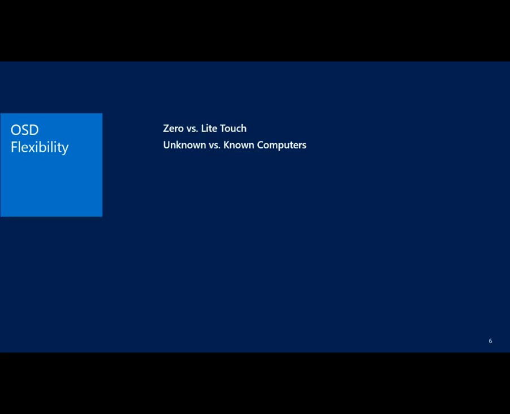Right? Then there's the idea of unknown versus known computers. To put it simply, and you'll see this as we progress along, an unknown computer is one that has never been in the ConfigMgr environment before, right? Whereas a known computer is one that has been an active ConfigMgr client in the past, right?